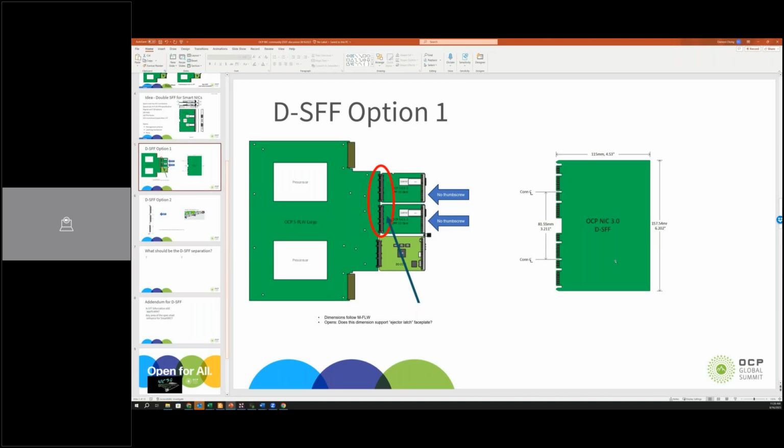making it even wider. From our perspective, the more real estate we have, we can go crazy with the solution, right? It does add a little bit of cost to the PCB because the PCB is bigger, and if you have a bigger PCB and you don't need it, you're just wasting FR4, right?